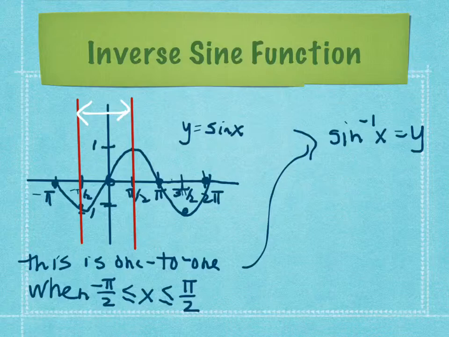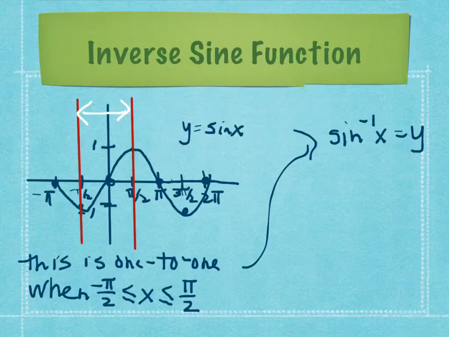So I want you to think, between my red lines, what is the domain? What does domain mean? X values. What x values do you see between the red lines? Negative pi over 2 to pi over 2. Some of you are answering my y values. X values go from negative pi over 2 to pi over 2 between my red lines, right? That's the domain, the x values of sine.